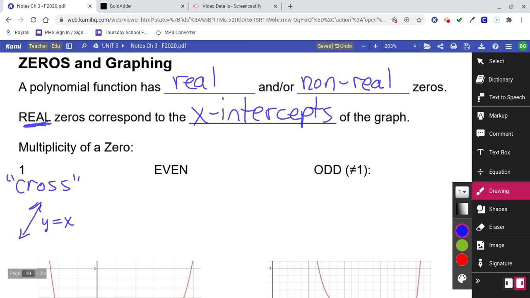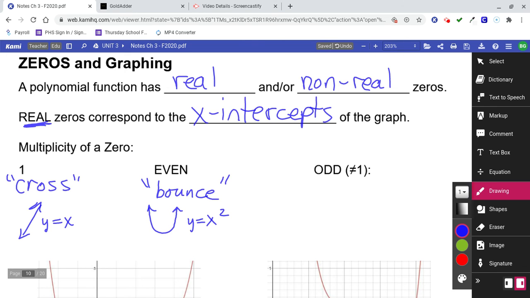If you've got any even power, like a power of 2 or a power of 4, a multiplicity of an even number, it's going to bounce. And what I mean by bounce is it's going to look like a parabola, or y equals x squared. It bounces like x squared bounces.